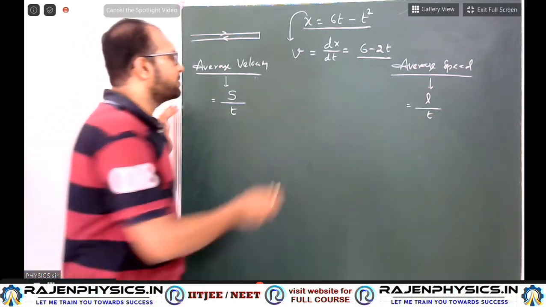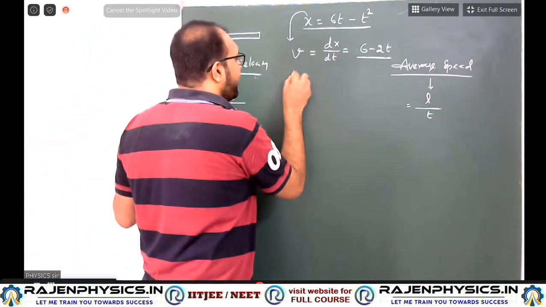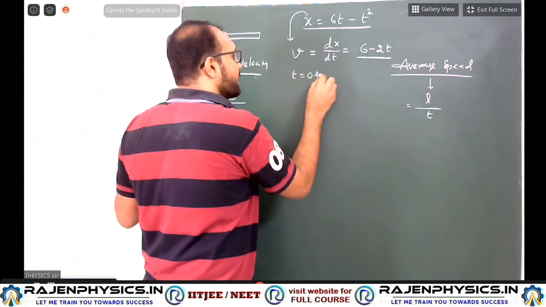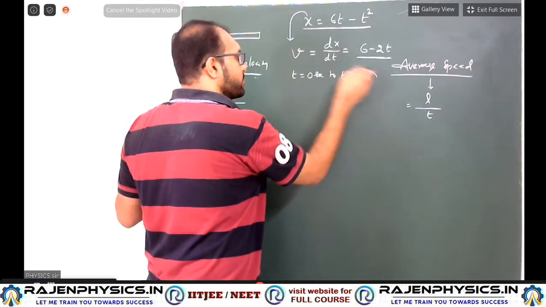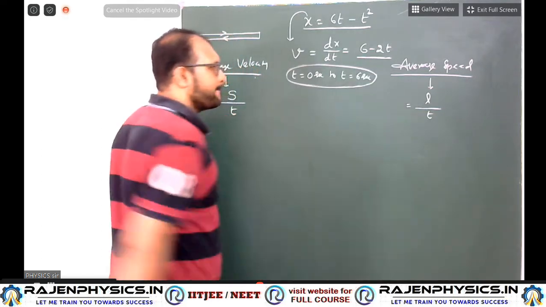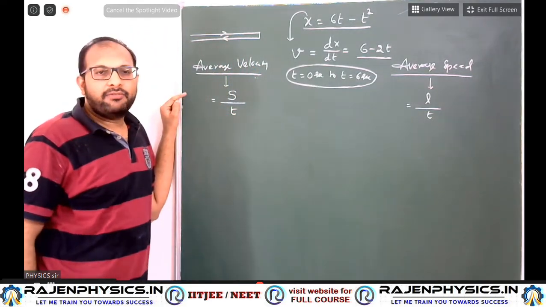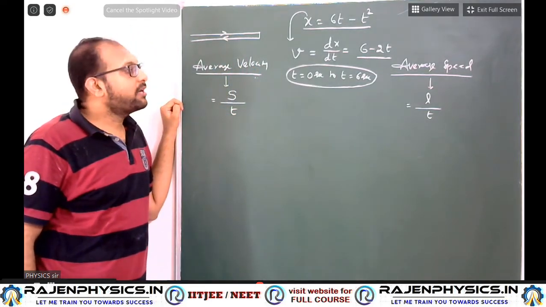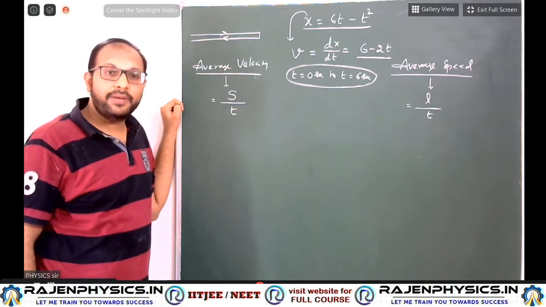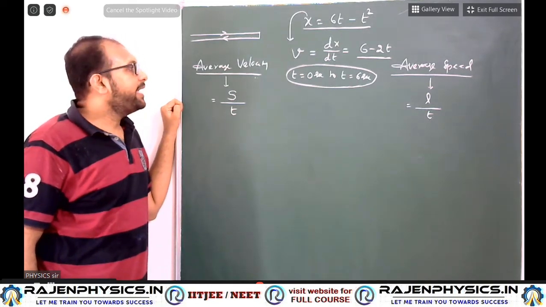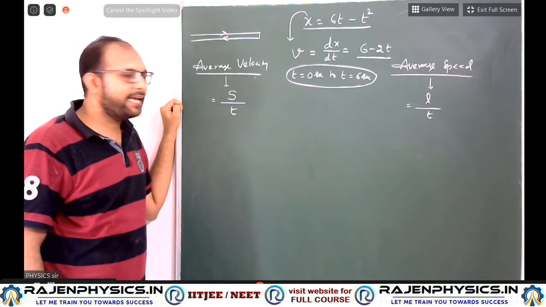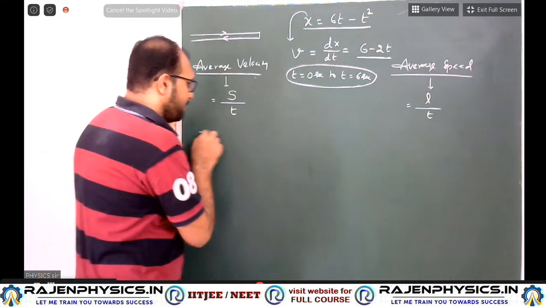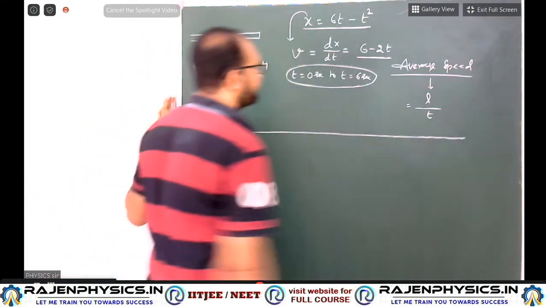Now, suppose the time given is t equal to 0 seconds to t equal to 6 seconds. Suppose this is the problem. Here distance and displacement are not the same. That's why you analyze carefully. This is the x-axis.